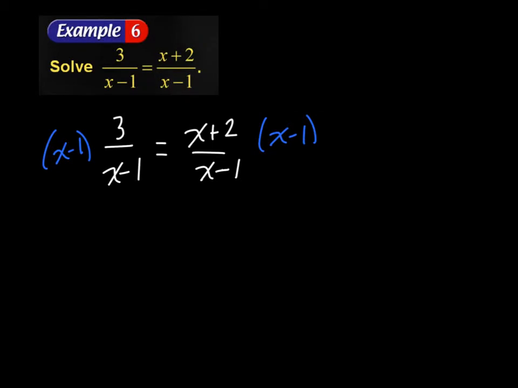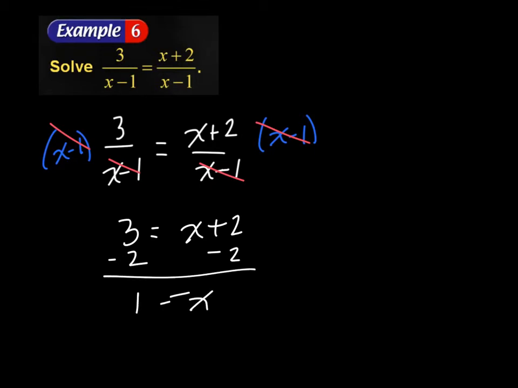Now we have some more solve problems. Nice, least common multiple is x minus 1. If we multiply both sides by x minus 1, I just get 3 equals x plus 2. Subtract 2 from both sides, and x equals 1. But wouldn't you know, when we go to check, 1 minus 1 is 0.